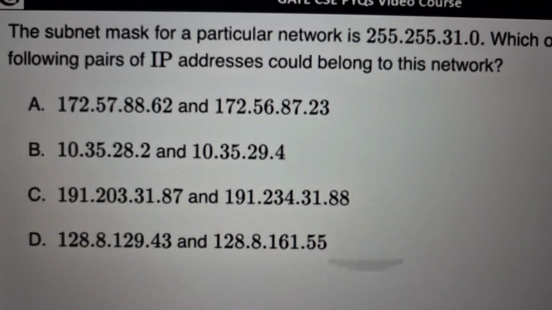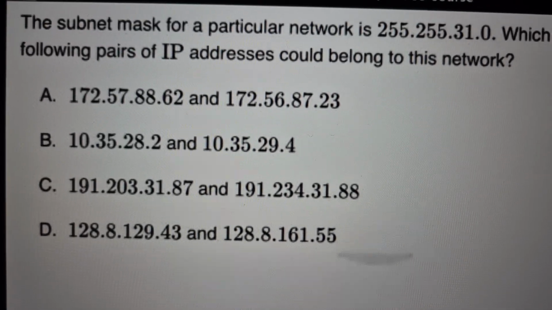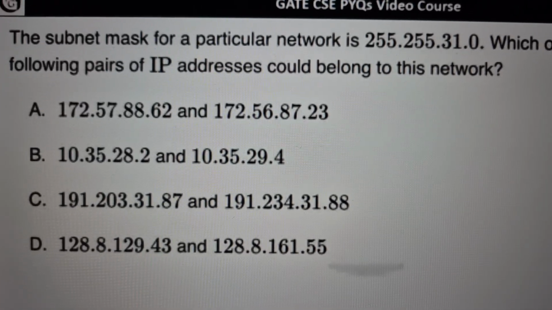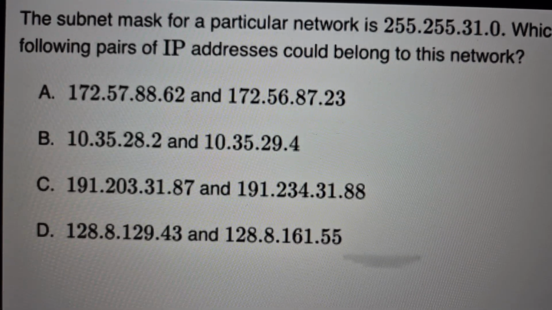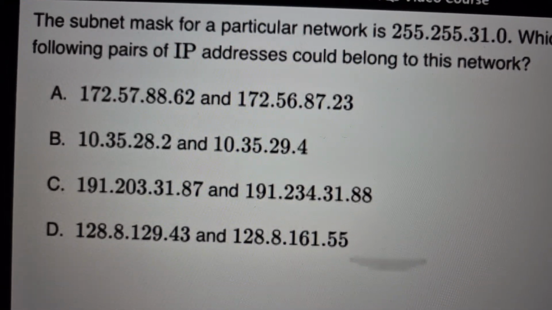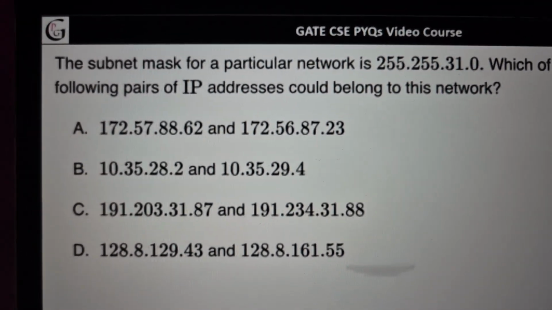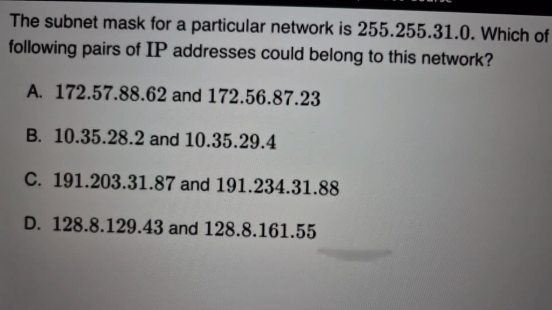So let me show. This is the question. There is a subnet mask of a particular network given, and in the options you will see a pair of IP addresses, and we need to find which pair of addresses could belong to this network, that is, this subnet mask. I hope you got the question, and these are the options.